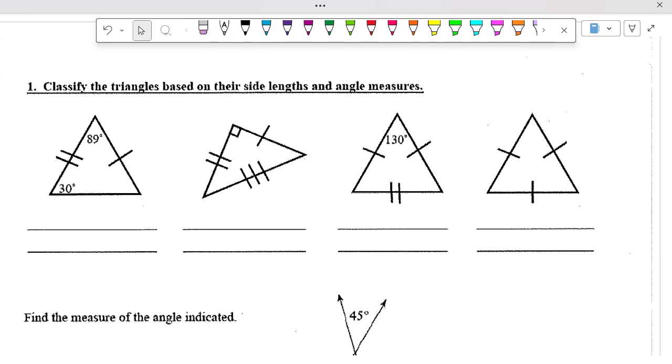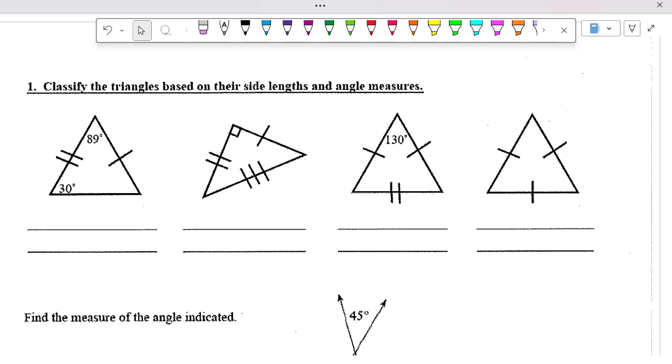So remember, tick marks, it's a matching game. Looking at this first triangle, how would we classify its angles? Is it acute, obtuse, or right? We don't know what this third angle is, but can we find it? Yeah.